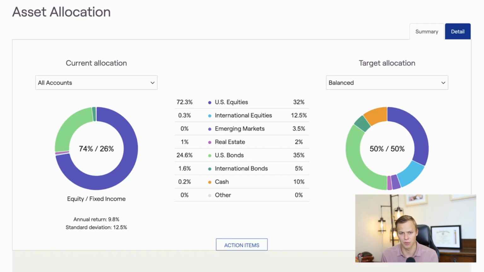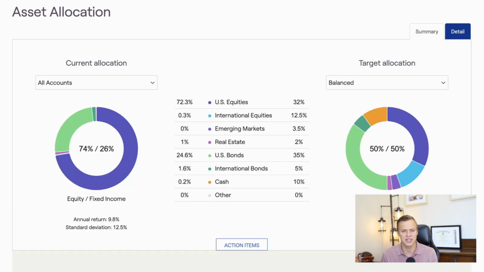And now looking at our bonds, we can see here that of the 26%, we are heavy, 24.6% into US bonds and 1.6% into international bonds. Again, what if they have a negative correlation, where international bonds do well but US bonds do poorly, or vice versa? US bonds do well in a certain period of time and international bonds do poorly.